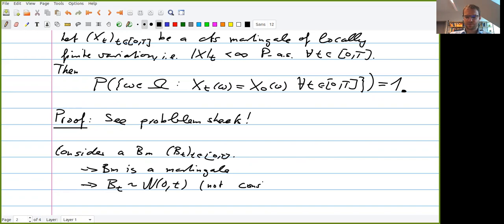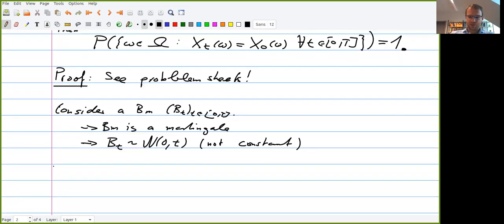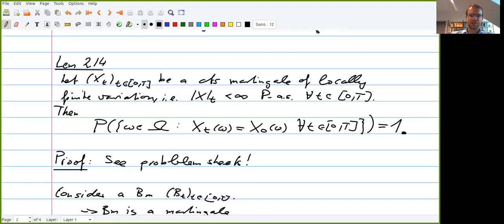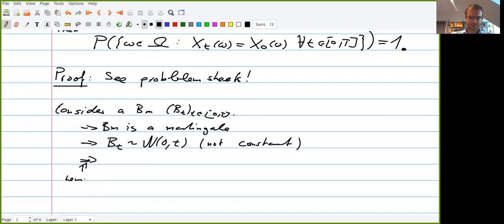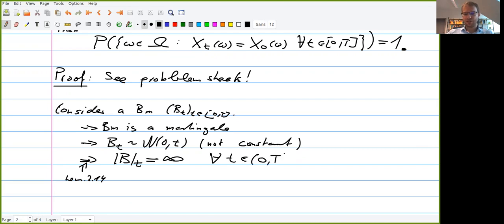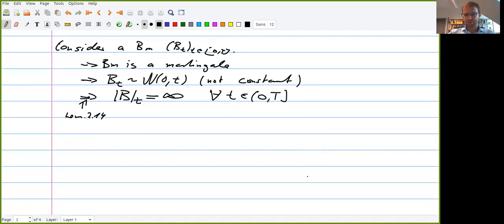So by the lemma, number 214, the variation process at time t has to blow up for all t in the open interval 0 to t. And this is what we expect.